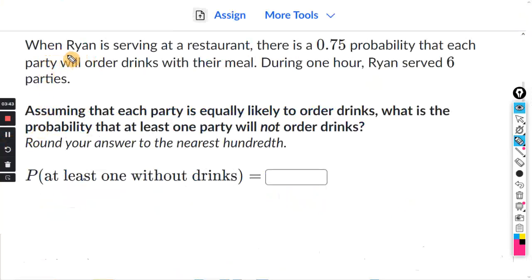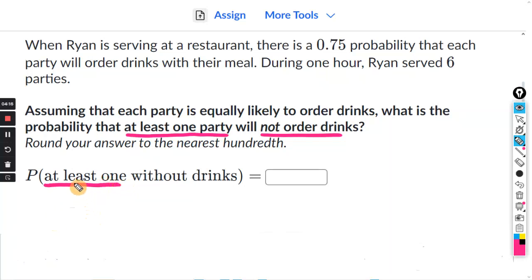When Ryan is serving at a restaurant, there's a 0.75 probability that each party will order drinks with their meal. During 1 hour, Ryan served 6 parties. Assuming that each party is equally likely to order drinks, what is the probability that at least one party will not order drinks? And round to the nearest hundredth. So what did we say the opposite of at least one? The opposite of at least one is none.